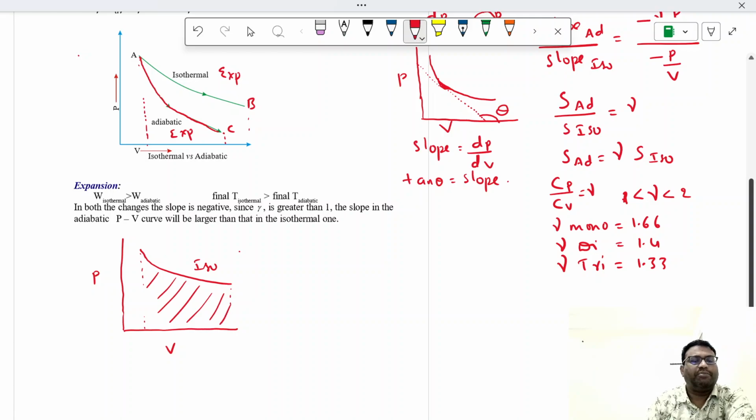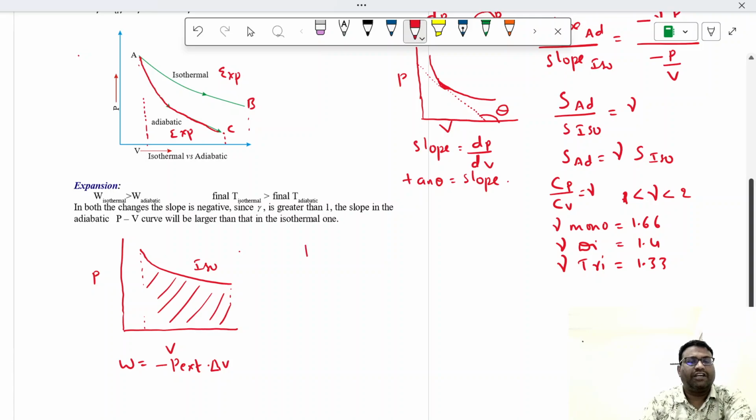The area under the PV graph will be the work done because work done is equal to minus P external into delta V, the product. So this area comes under this product.